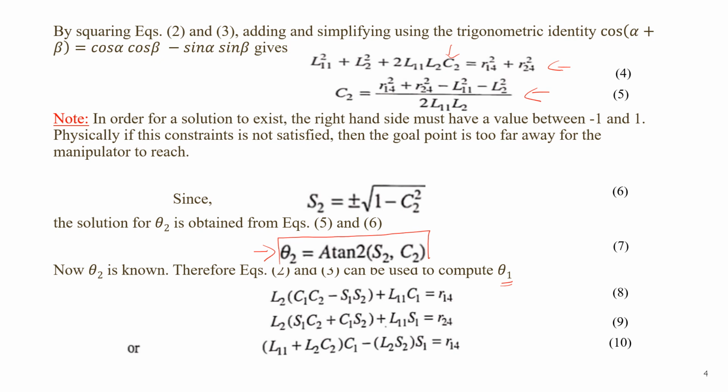Or we can write this as L1 plus L2 C2 into C1 minus L2 S2 into S1 is equal to r14. We have taken C1 common and rewritten the equation.